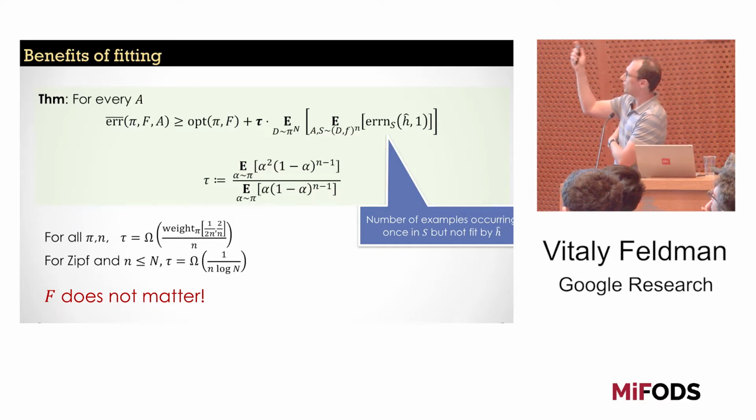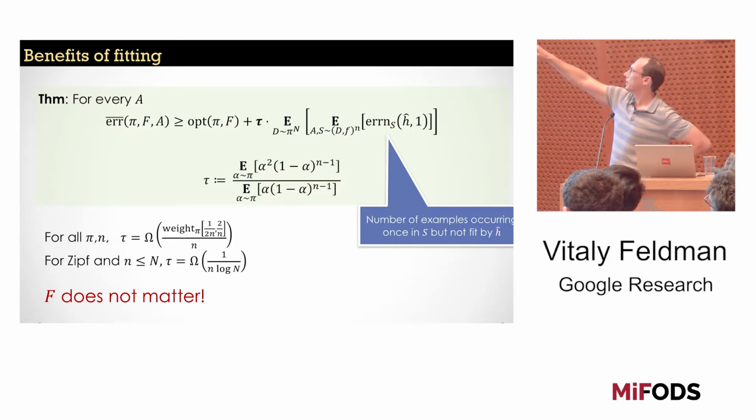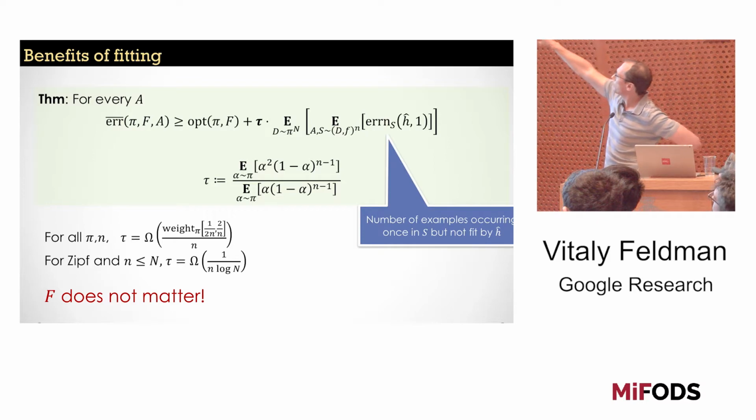So just plugging this simple noise model into our theory will basically get a result of the following type, where the error that the algorithm will achieve on this noisy distribution will be at least the optimum achievable on this noisy distribution, plus, again, the same term, where you have to memorize a lot of stuff, which measures the amount of memorization.